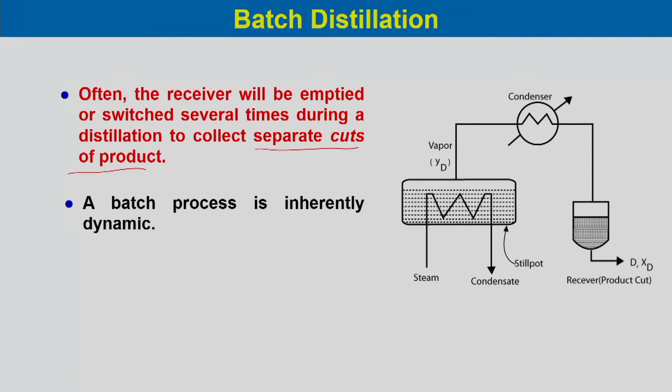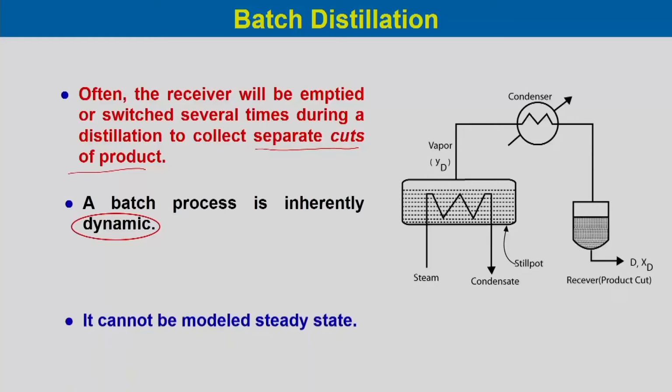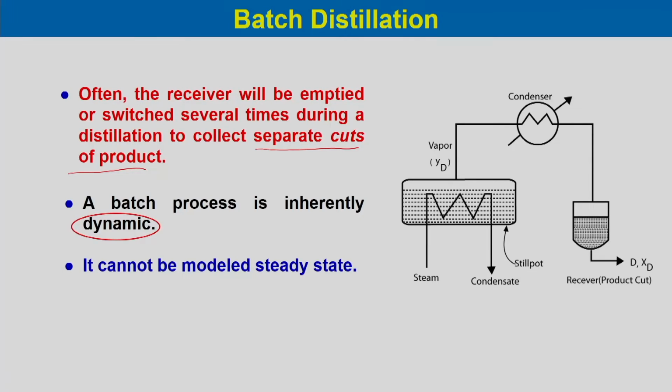Each product taken out is known as a separate cut of the product. As you can see, the batch process is inherently a dynamic process because the composition continuously changes. So, it cannot be modeled at steady state. That is why batch distillation cannot be modeled as a steady state process.